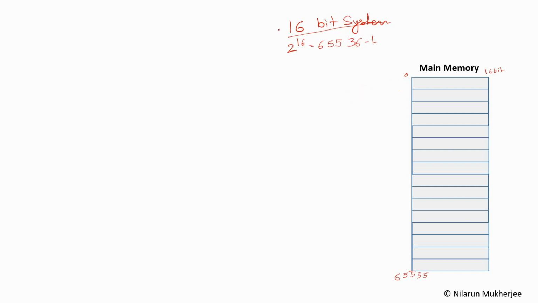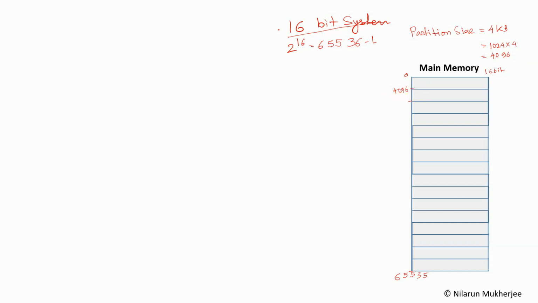Now it is divided. For our example, we take a partition size of 4 KB, that is 1024 into 4, that is 4096, and it is 16 bits. So the first partition will end and the second partition will start at 4096.